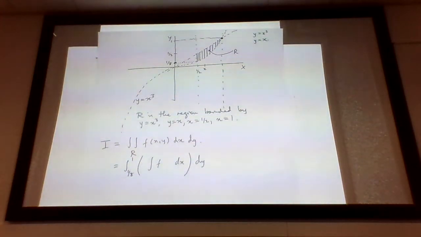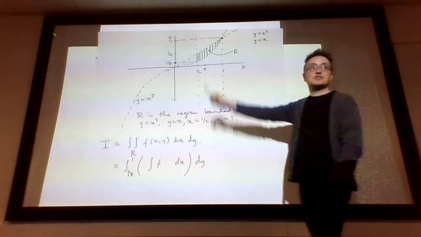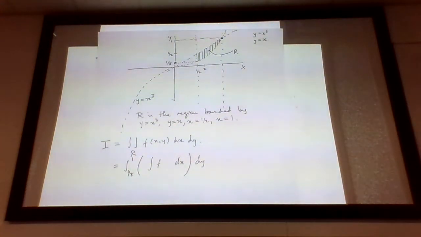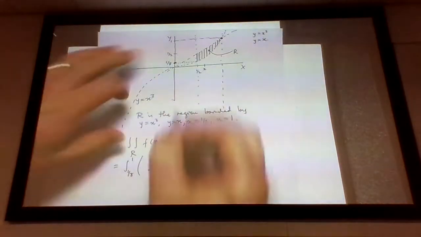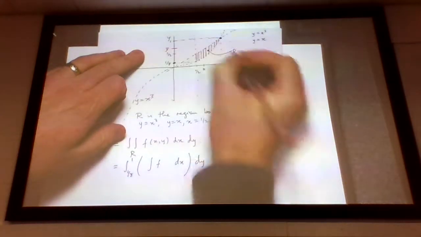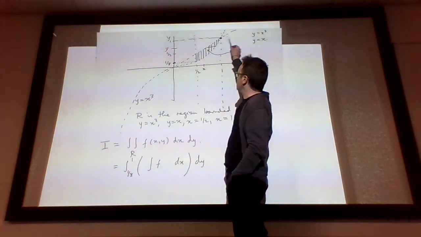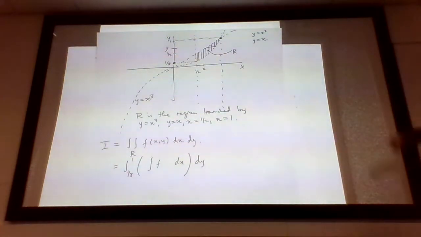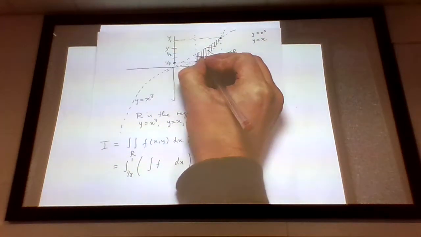And now we think about what the x variable is. So we imagine a typical value of the y variable, and then we look at the starting and ending values for the x variable that go across the region at that particular height. But when we start to think about doing that, we notice that there are actually two types of typical y values. For high y values up here, the horizontal strips begin on the line y equals x and end on the curve y equals x cubed. But for lower y values down here, the horizontal strip is different.